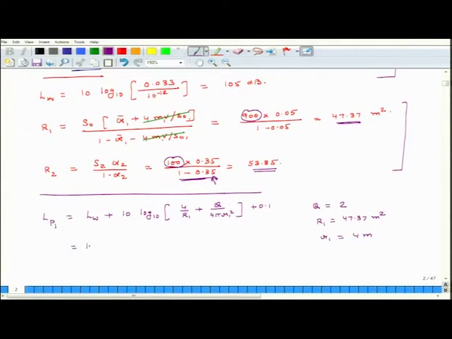So, LW is 105 decibels plus 10 log 10 of (4 by R1 plus directivity factor divided by 4 pi into 16) plus 0.1, and this comes to be 94.8 decibels.